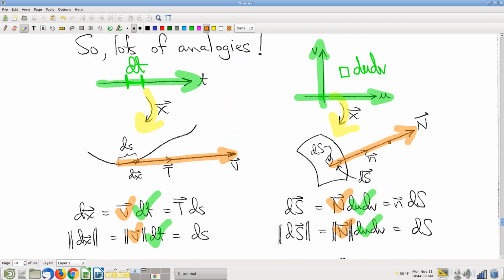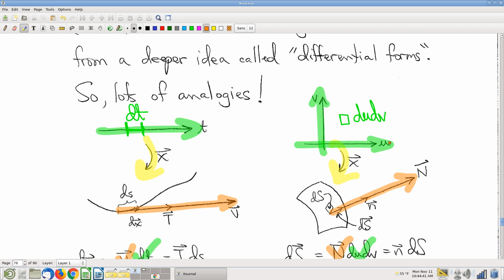And let's continue. In each case, there is a corresponding unit vector. Color choice, I guess I'll use purple. Here's the unit vector in the direction of the derivative. Here's the unit vector in the direction of that derivative.